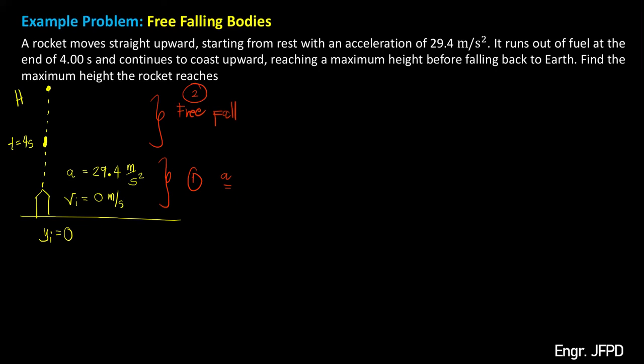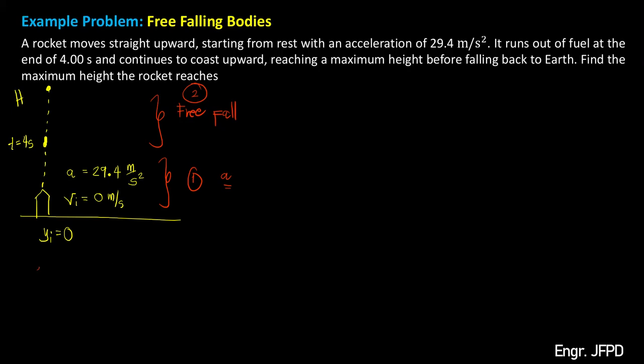Now, to solve for the maximum height h, first, let's solve for the height the rocket reaches after a time of 4 seconds. Since we have a constant acceleration of a, which is 29.4 meters per second squared, we can use the formula for the first part of the motion.